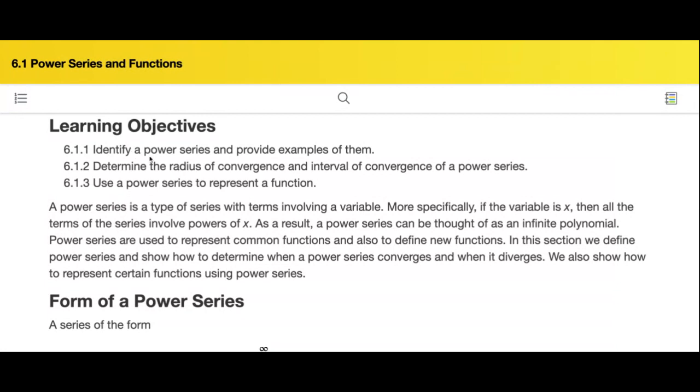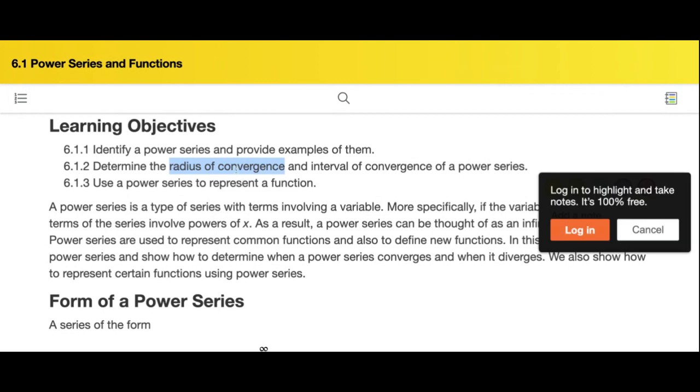So we want to identify a power series and provide examples and determine the radius of convergence. So we have a new term today, right? Convergence. If we remember geometric series, if the ratio r is less than 1, we see a convergence. It's a convergent series.